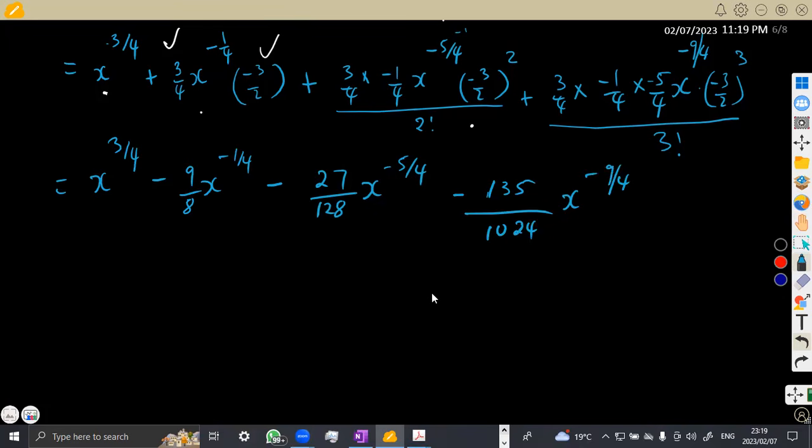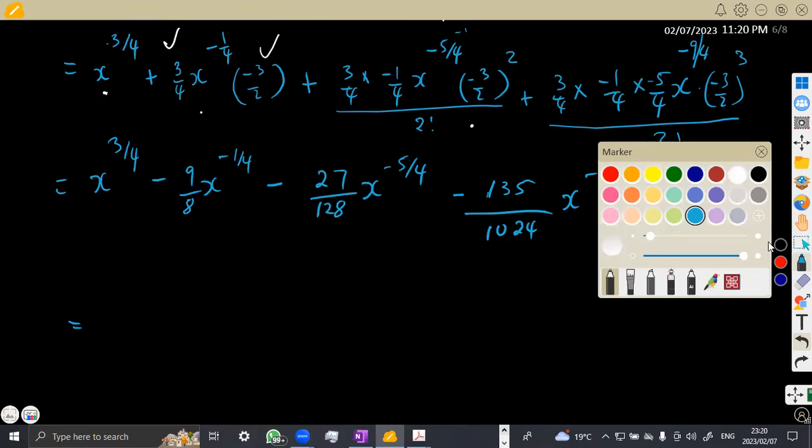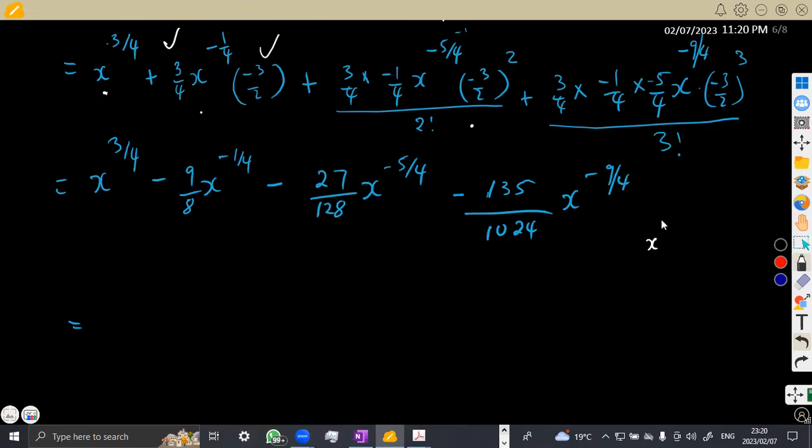So what you're going to do in this case is to simplify. We can apply our exponents. We know that x to the exponent of m over n is the nth root of x to the exponent of m. If it is a negative, you remove the negative, it's 1 over.